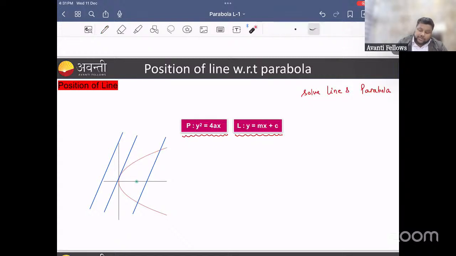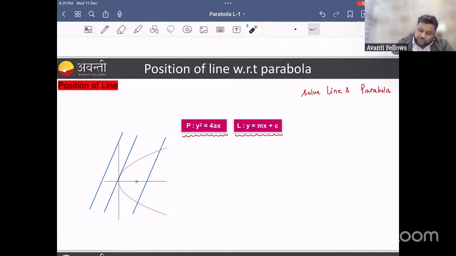This parabola might intersect this line at two distinct points. In that case, this line will be the chord of the parabola. This line can touch the parabola, which is the case of tangent to the parabola. This line may pass outside the parabola, which is the case like neither touching nor intersecting.